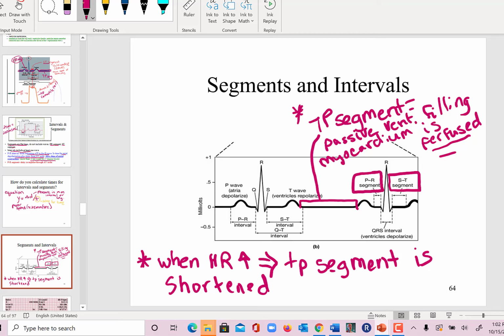Anatomy was a prereq. Figure out why. Where are the coronary arteries? They're in the coronary sulcus. Figure this out. It is only during rest that blood can flow through the coronary arteries and deliver much needed oxygen and nutrients to the cardiac cells.